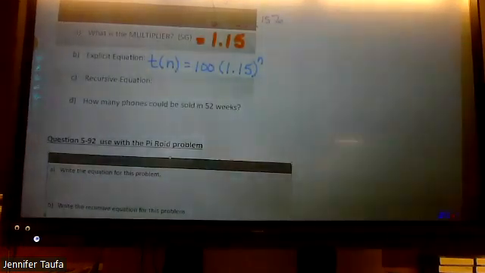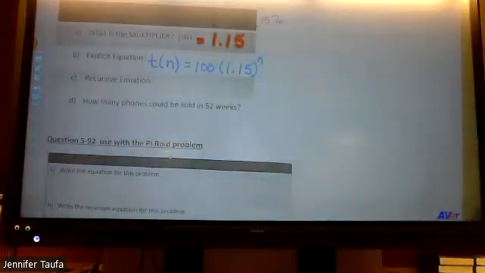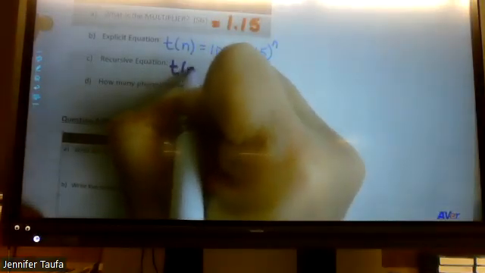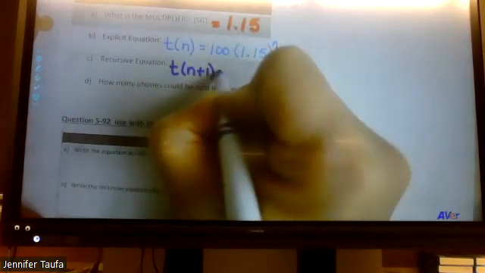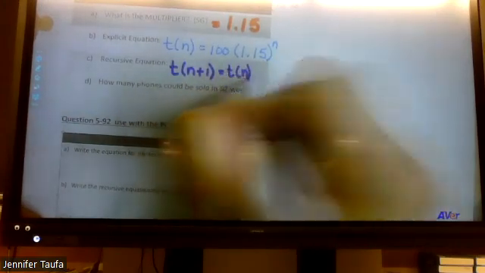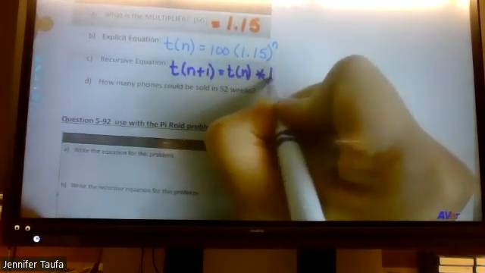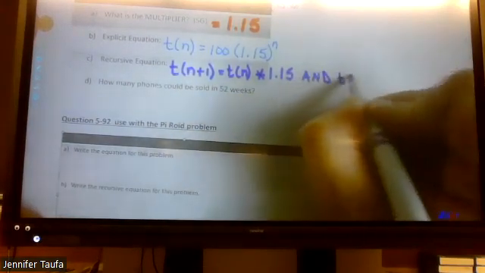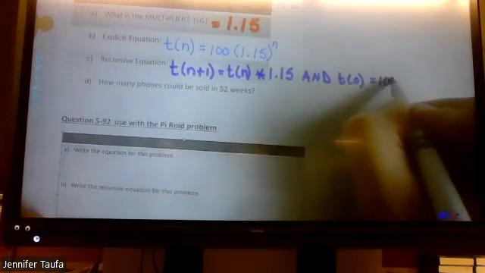There it is. Let's take a look at our recursive equation. Our recursive equation is the same thing, remember, but we start off with t of n plus 1 equals t of n. I'm geometric, so I'm multiplying by 1.15, and my t of 0 is 100.